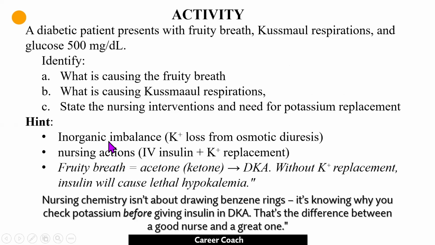Hint: inorganic imbalance, potassium ion loss from osmotic diuresis. Hint number 2, nursing actions, IV insulin plus potassium ion replacement. Hint for number 3, fruity breath caused by acetone leading to DKA. Without potassium replacement, insulin will cause lethal hypokalemia.